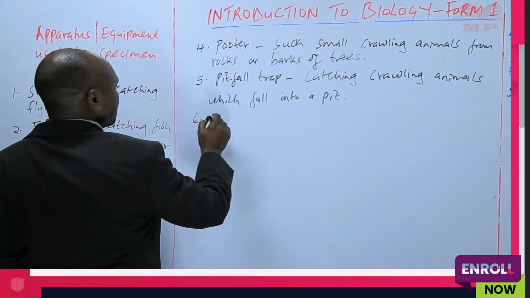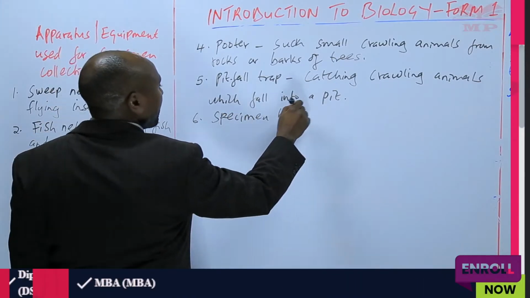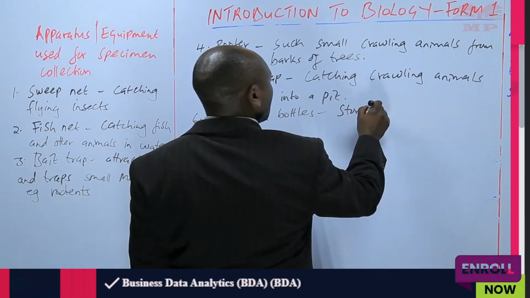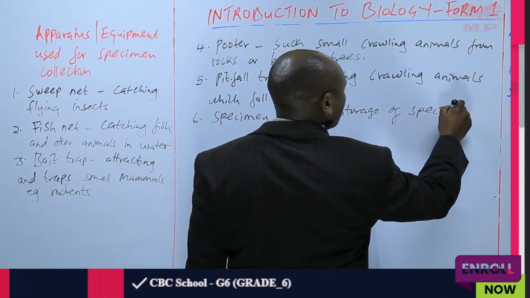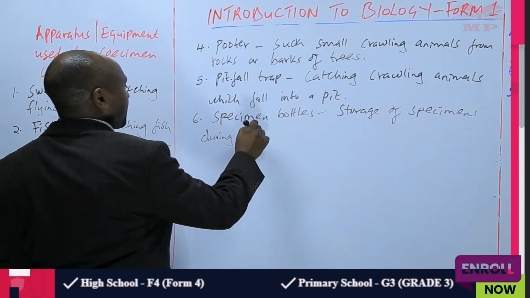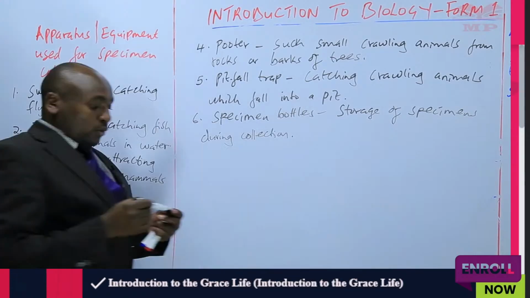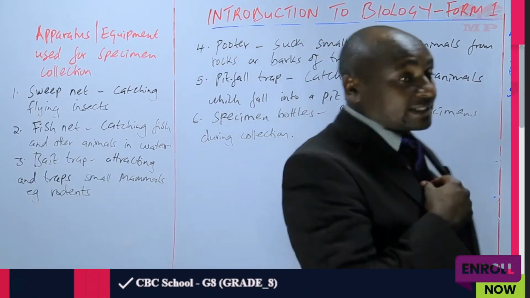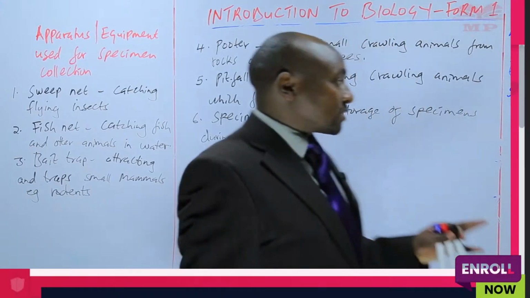We have specimen bottles, and these ones are for storage of specimen during collection. So the list is long. There are many apparatus, many equipment that we use during specimen collection, as we have seen.